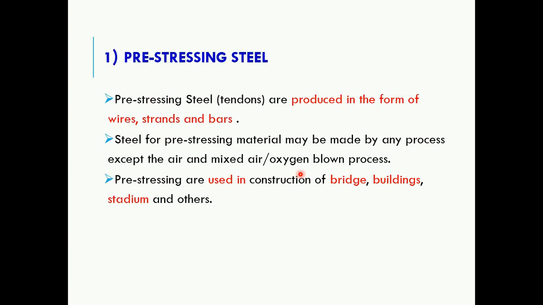Pre-stressing steel is produced in the form of wires or strand, and the steel for pre-stressing material may be made by any process except the air or oxygen blown process. Normally pre-stressing is used in the construction of bridges, buildings, stadiums, and others.